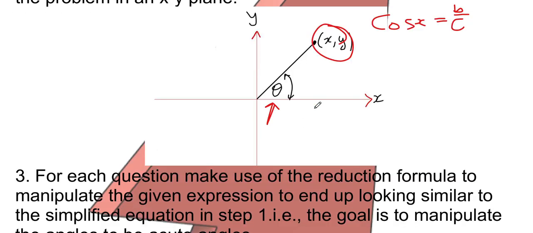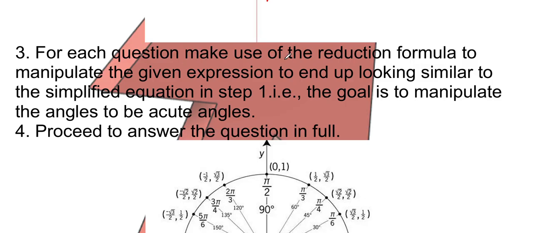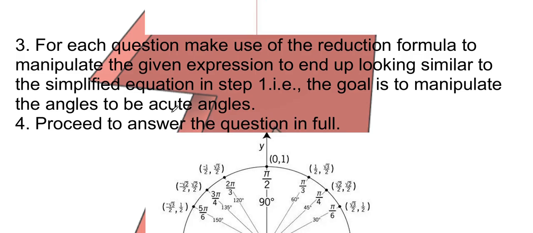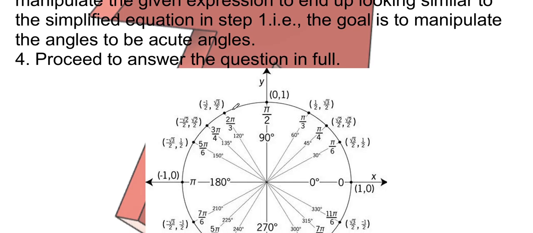In some cases, it will also be important for you to simplify the angle so that it is an acute angle, so that it's easier to deal with. If possible, make that acute angle a known acute angle, which we can get the answers to.